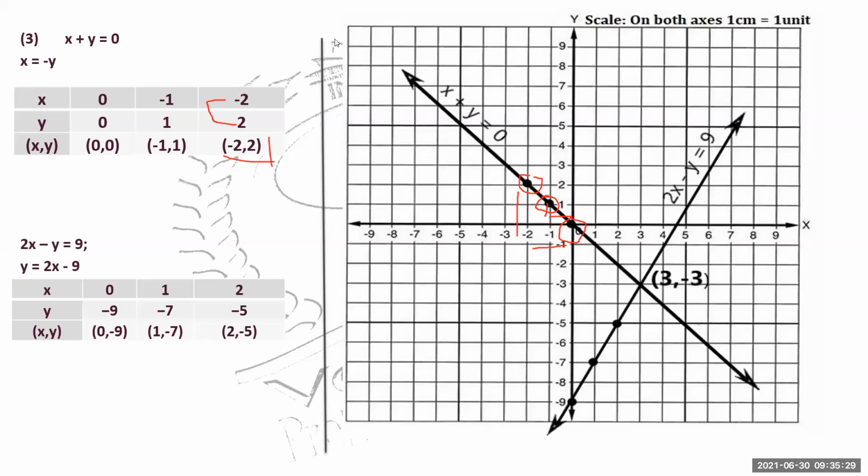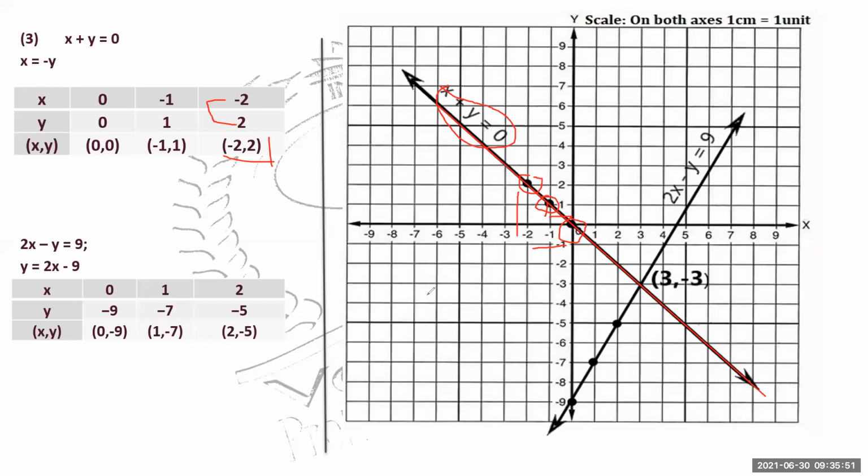So what you will do is simply join them with a straight line. And on top of that line, write x plus y equals 0. Understood? Naming of the line.